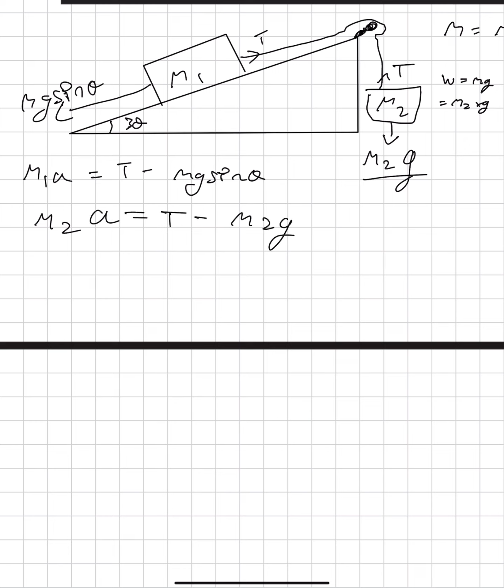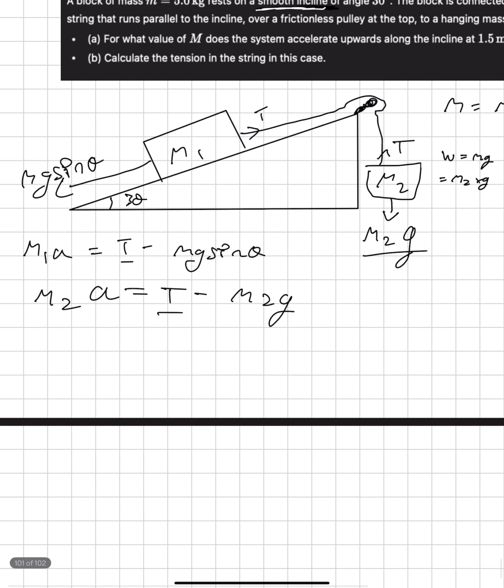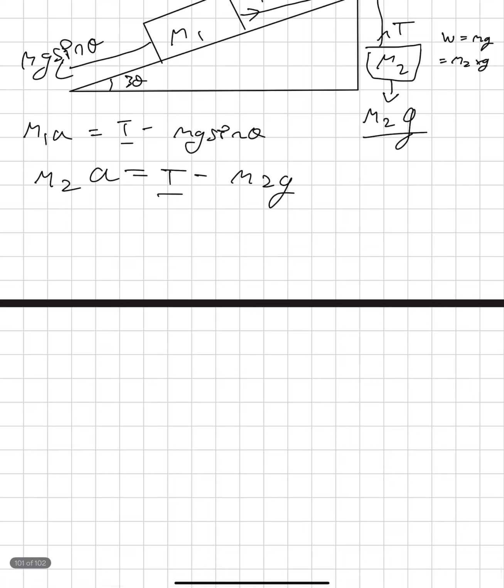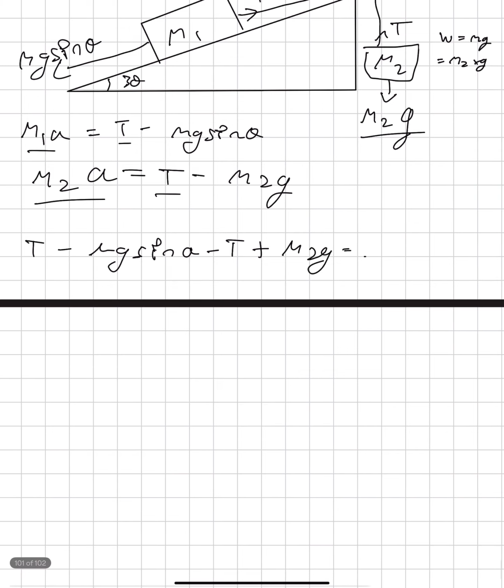Now through this, we basically want to eliminate T, and the reason for this is because T is not given in the question. Hence, to solve for m2, we can't have T within the equation. To do this, we're going to do T minus mg sin theta minus T minus m2g, which gives us minus T plus m2g. And obviously we subtract the results, m1a minus m2a.